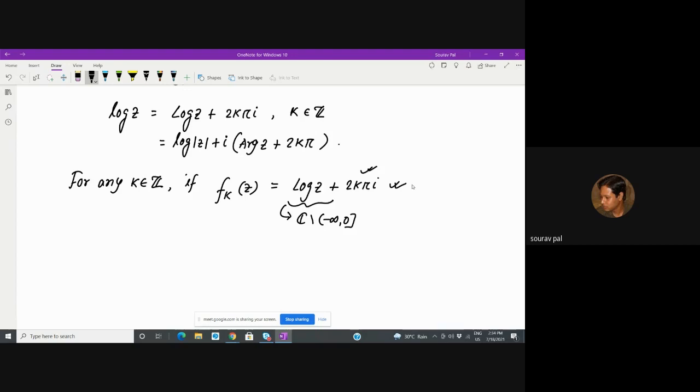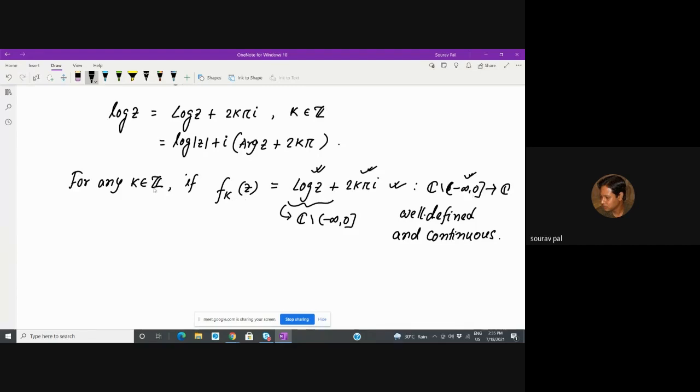So this function is well defined and continuous. You agree with this? Why continuous? Because this portion is continuous and this is just a constant. And since the principal logarithm has discontinuity on this half line, so does f_k for every k, on this particular half of the negative x-axis.